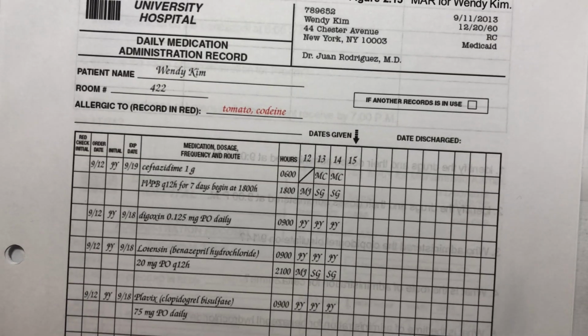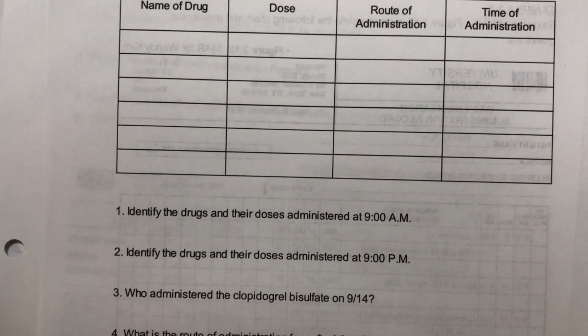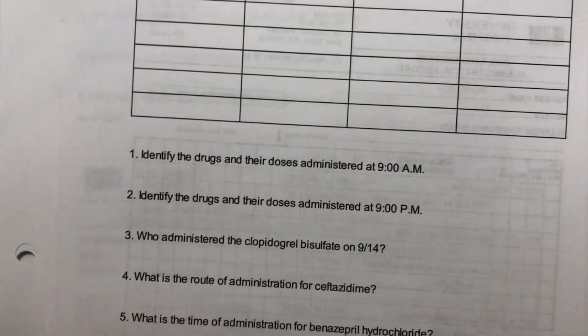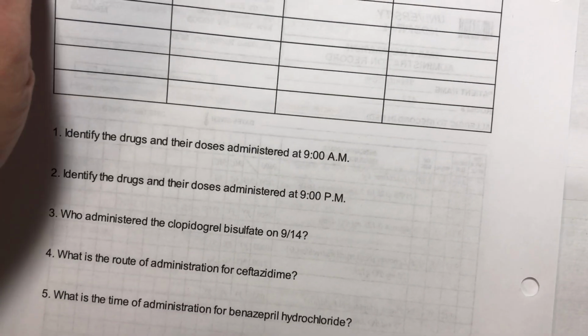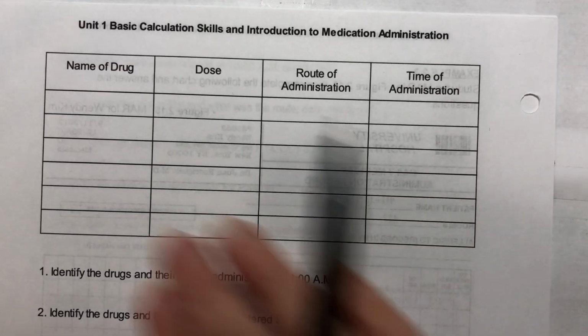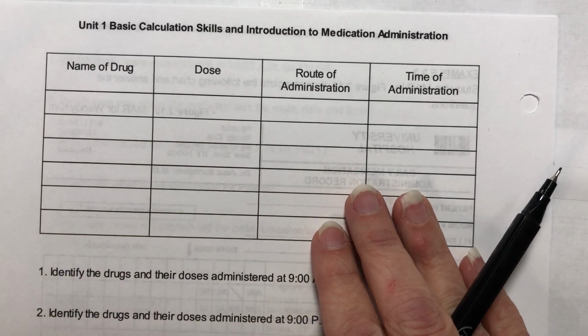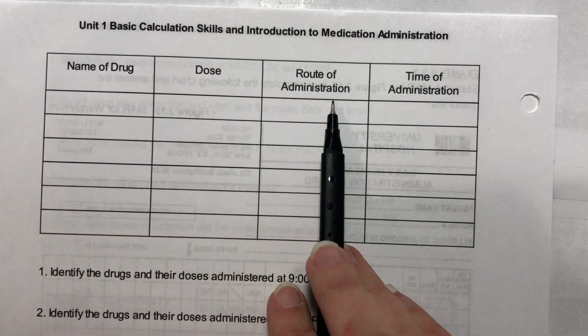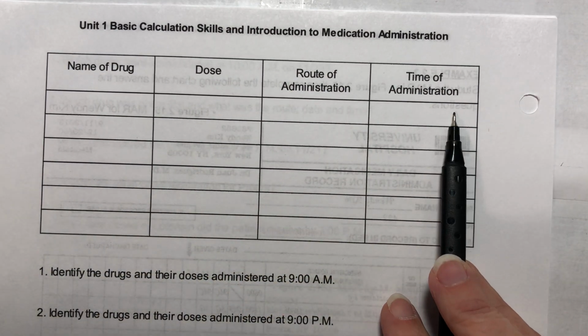Okay, let's see what information we are asked to find. Since this is on the front and back, I have another sheet with a MAR on it, so we can refer to it. First thing we're asked to do is fill out this chart, which asks for the name of the drug, the dosage, how it's administered, and when it's supposed to be given.